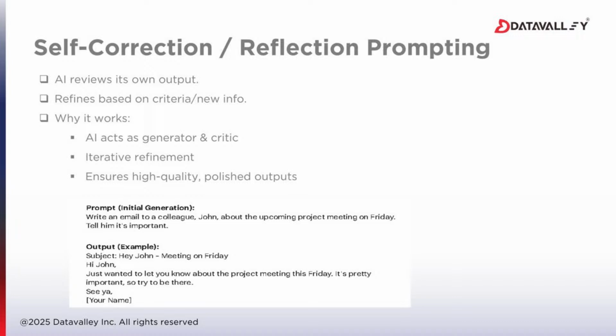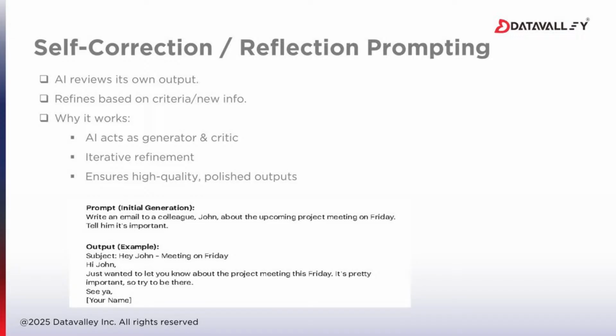Next, it enables iterative refinement. It creates a very powerful feedback loop where the model can learn from its mistakes and the areas for improvement within the current session. This allows for progressive improvement of output quality. When you have multiple turns or multiple steps, it will generate quality output.